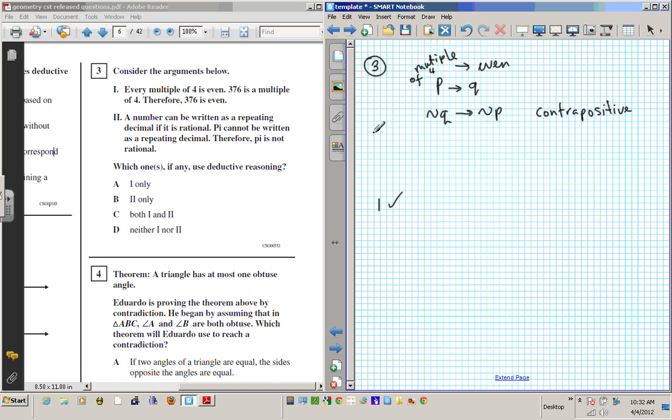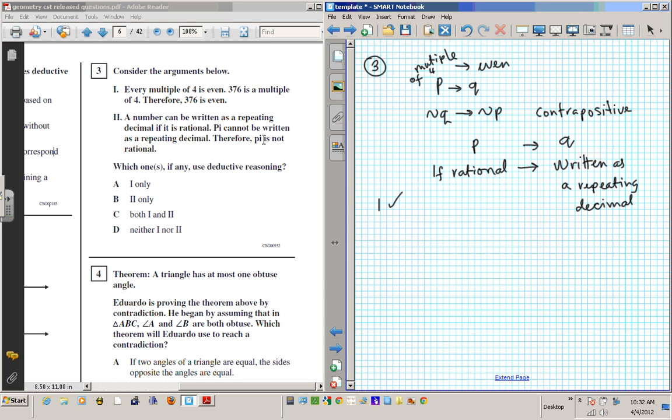Okay? And then if you take a look at the second one, a number can be written as a repeating decimal if it is rational. So basically, if rational, that implies it can be written as a repeating decimal. So basically, this is your P implies Q. It says pi cannot be written as a repeating decimal, therefore it is not rational.